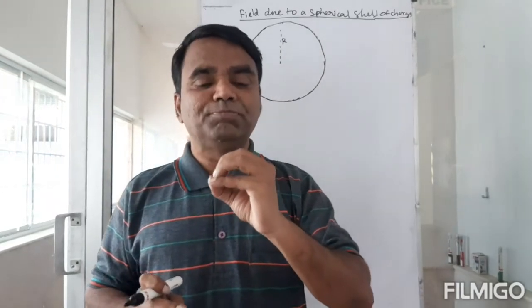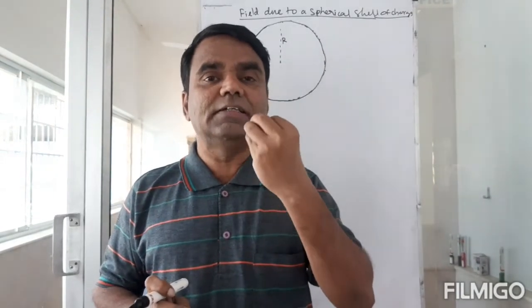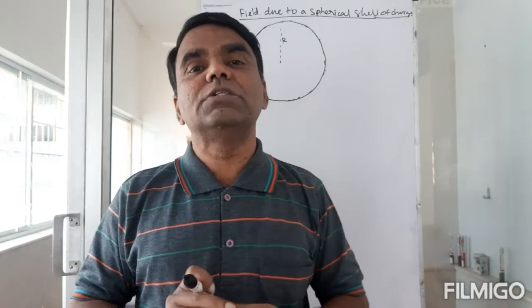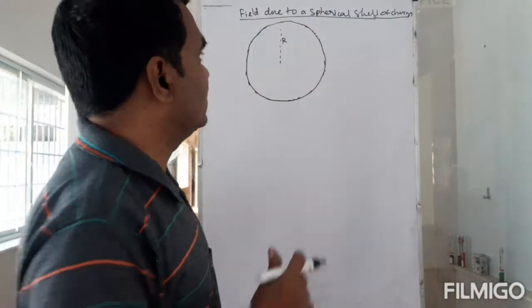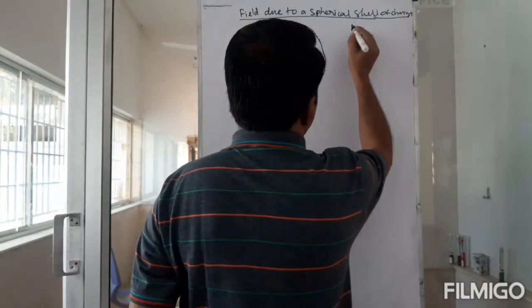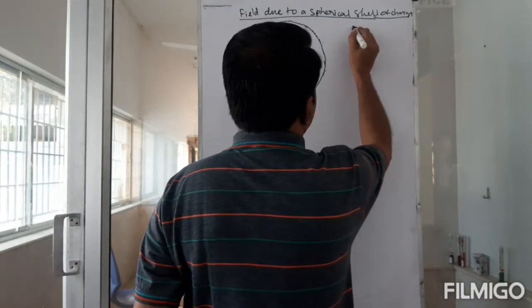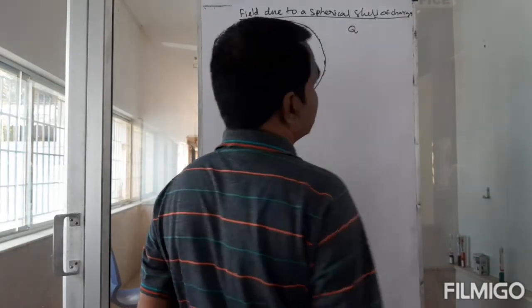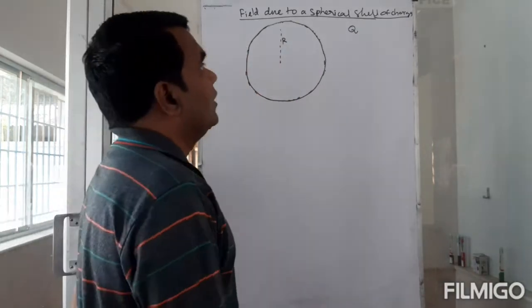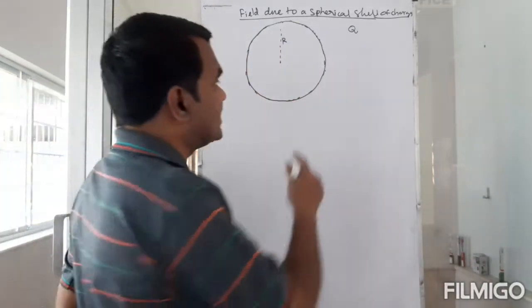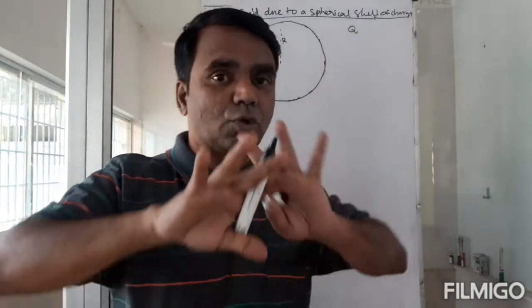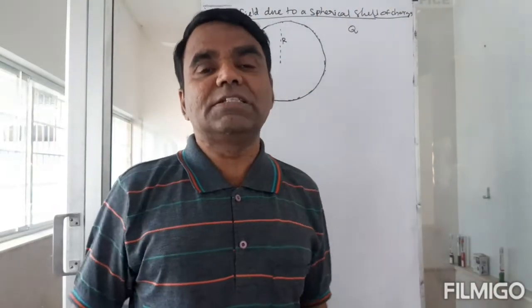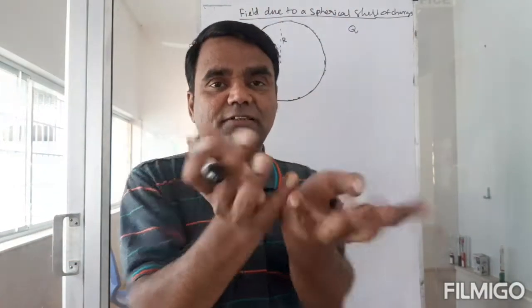So I can now talk in terms of the surface charge density. So what's the total charge on the shell? Let's say Q is the total charge on the shell. How can I express this? I can say that this charge Q is distributed over the entire surface area of the shell.